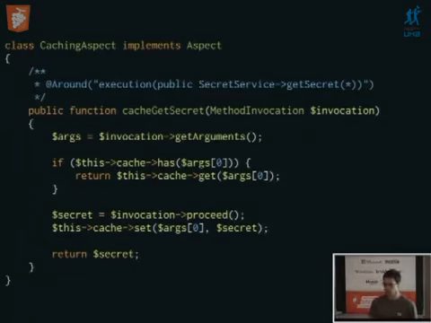And this would mean that it would bypass the original execution of the function. So the original method doesn't ever get called in this case. If not, we continue, and we call invocation proceed. And this will actually execute the original method, and it will return whatever that method is supposed to return. Then we cache it and we return it. So this, we can use for caching.